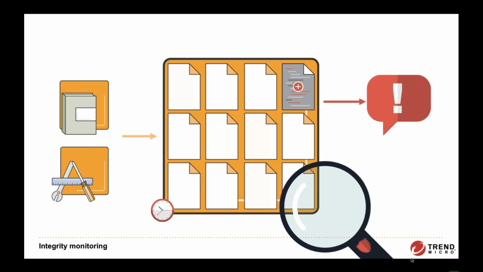You will then need to go in and say, there shouldn't have been a change here, something's going on. You may not know exactly what, but it's that kind of early warning, the canary in the coal mine that says something's not right here.